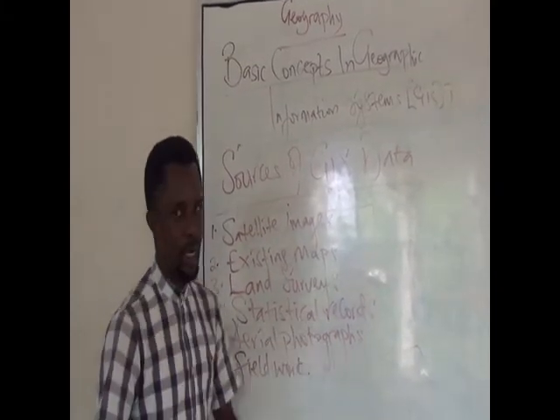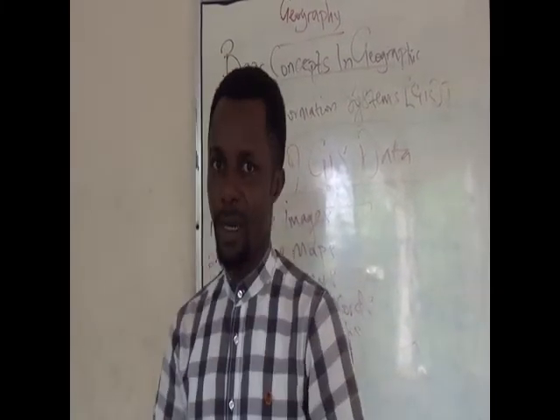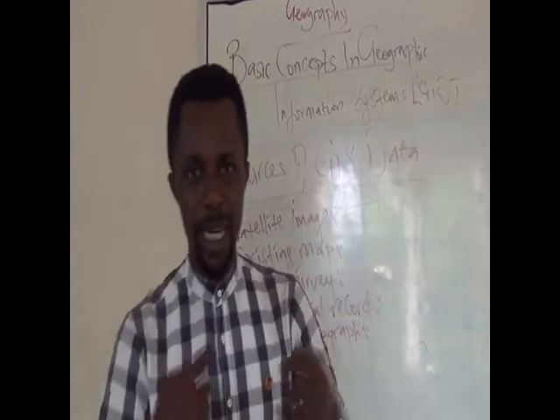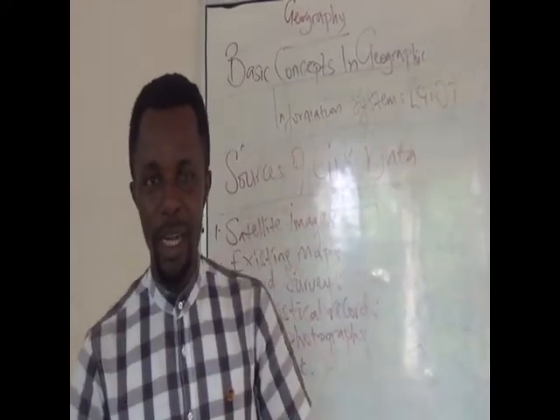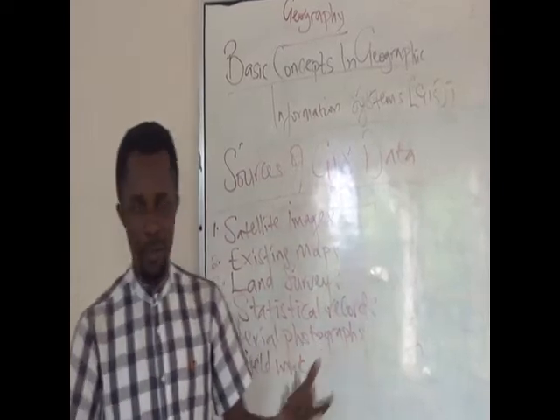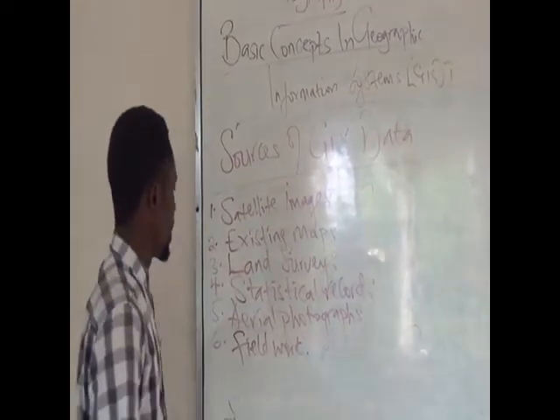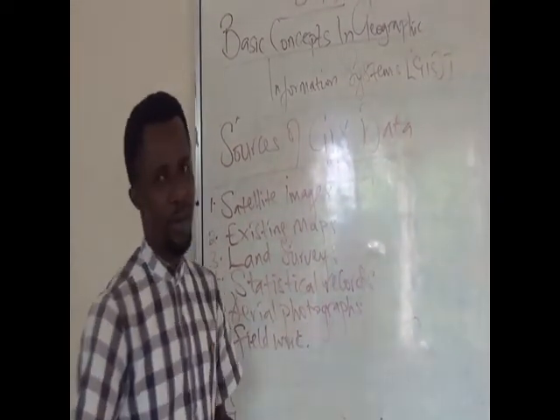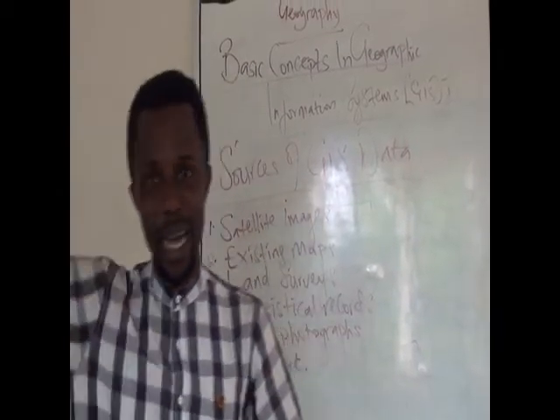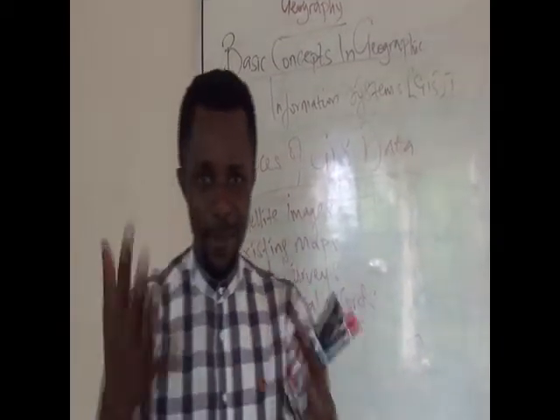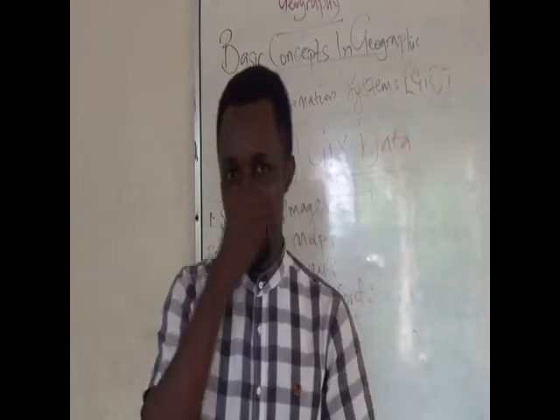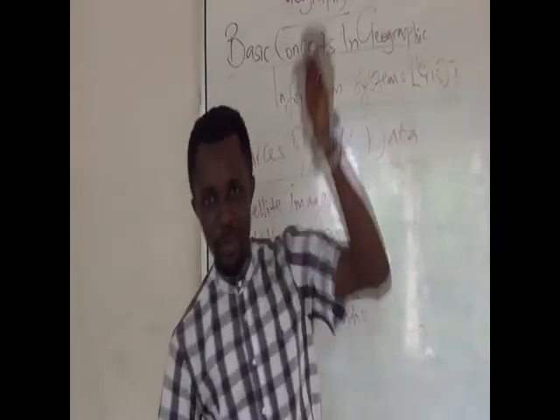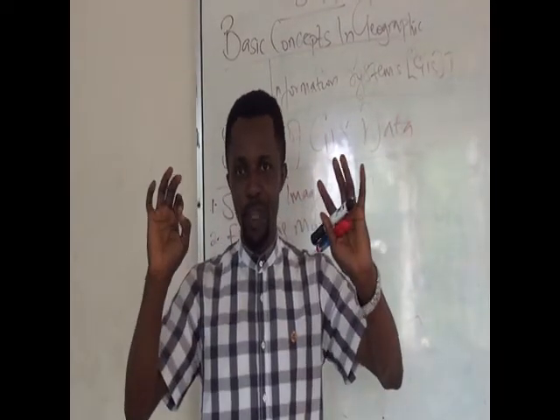We also have statistical records, socioeconomic data. You can go around, gather information about an area and feed it to your system. Of course, you develop a GIS program. Then we have aerial photographs. What are aerial photographs? Photographs taken from high altitude. Simply put, you mount a camera to your helicopter, fly to a particular altitude, take a picture of the environment.